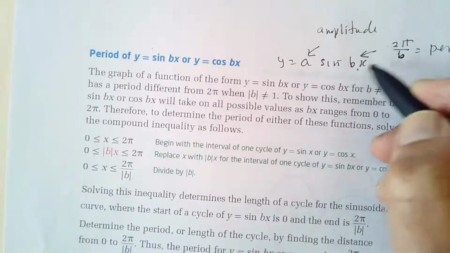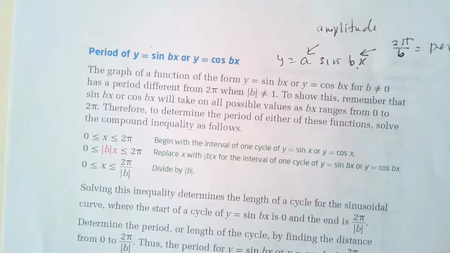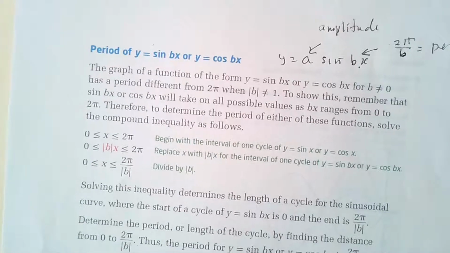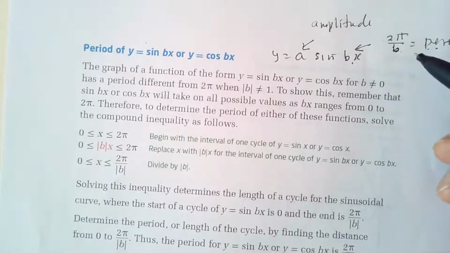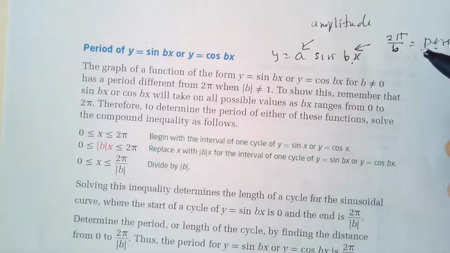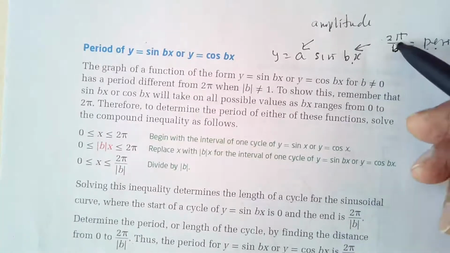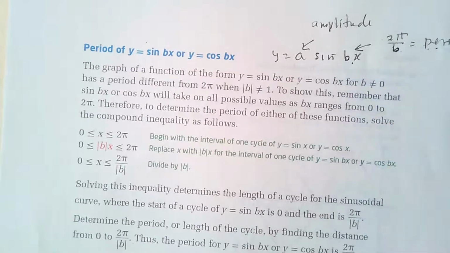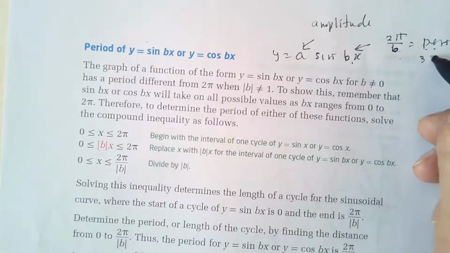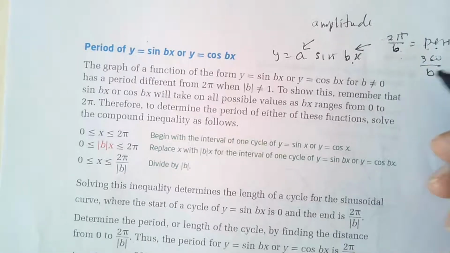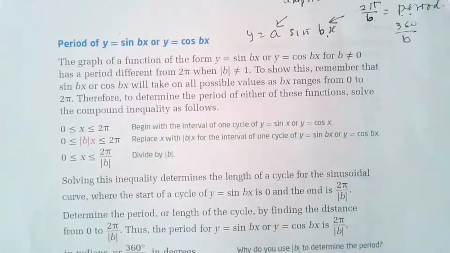The b refers to how many cycles, right? Or how many periods are there in one complete circle. That's why we divide by the b, whatever the b value is, 2 pi or 360 divided by the b value will give you the period.